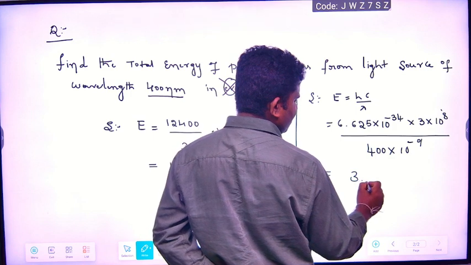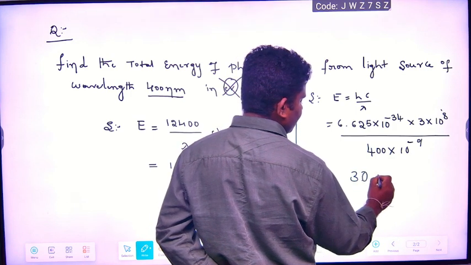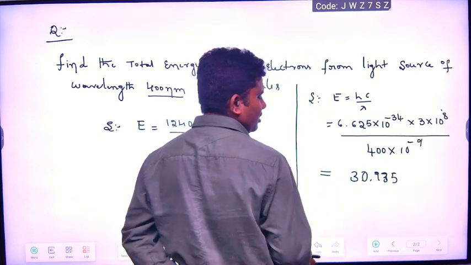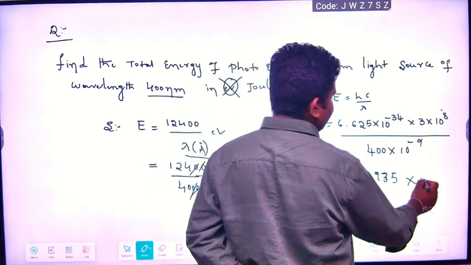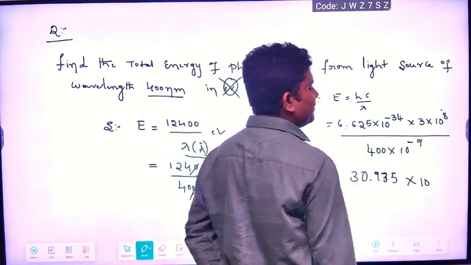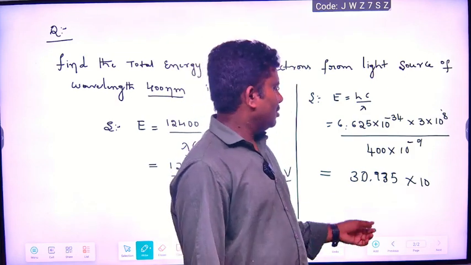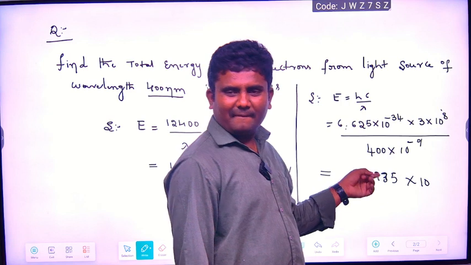What is 6 into 3? Divided by 400 you did.